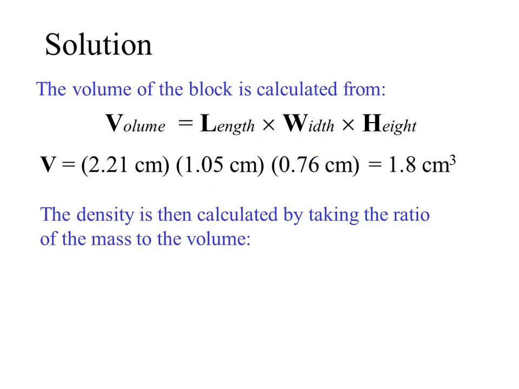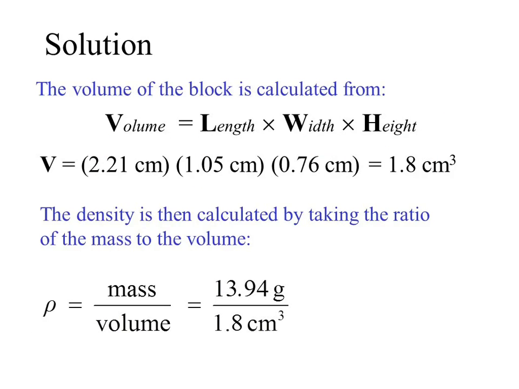So then we just put those in there. $13.94 divided by, and this is where my slide is different. You guys are doing it too, but I bet you got 7.74 repeating.